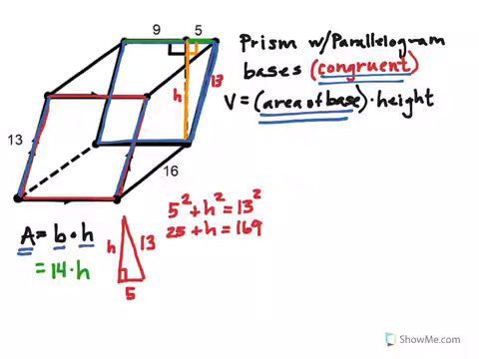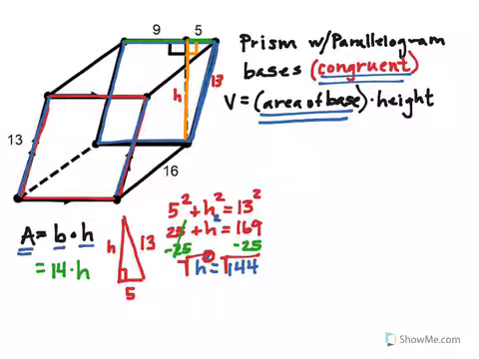And then if I subtract 25 from both sides, just using inverse operations to get h by itself, these are going to cancel on the left, and I'm left with h squared, I left off this little squared, h squared is equal to 144. And in order to get rid of this squared, the inverse operation of squaring something is to take the square root.